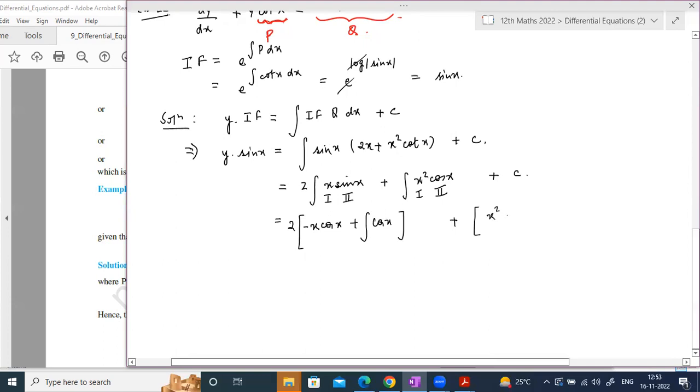And let's do this one also. x square into sin x minus the integral of 2x sin x.